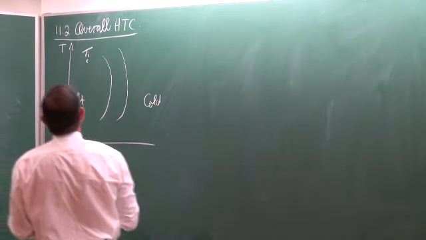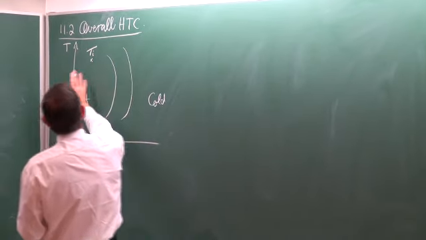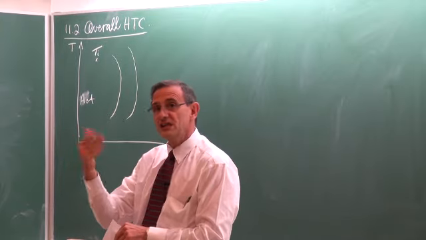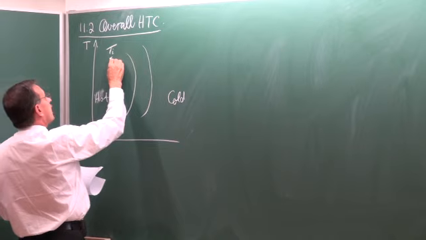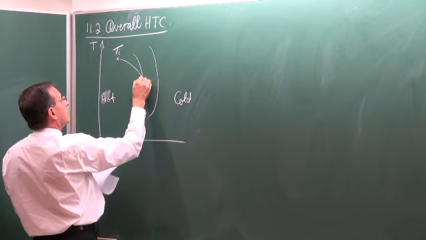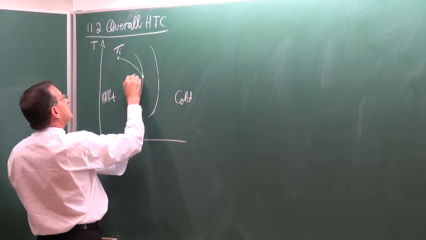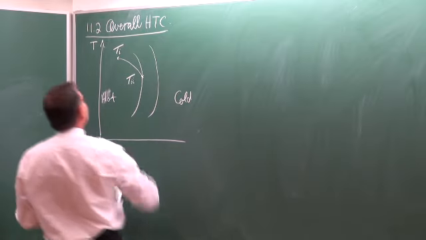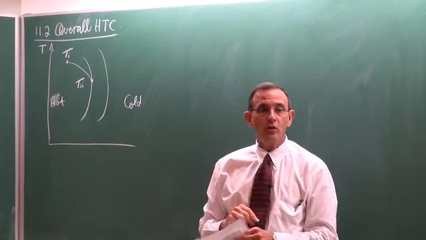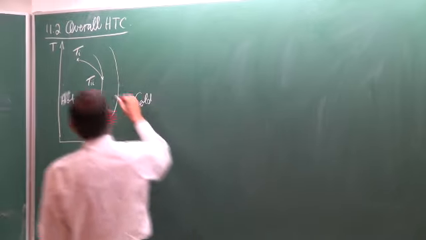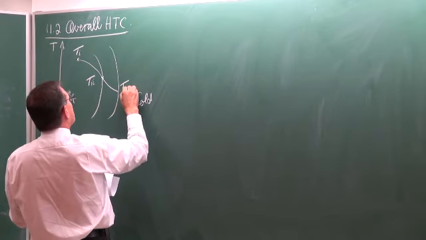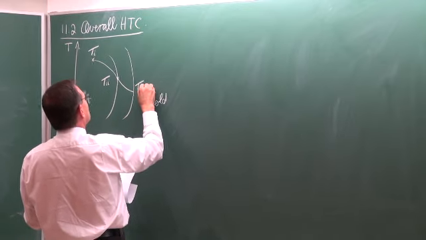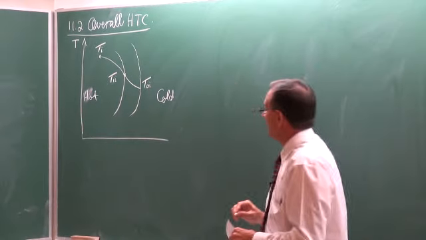So if that is the inlet temperature of the fluid, or the temperature on the inside of this heat exchanger, then the temperature gradient would look something like that. That would be the temperature on the inside of the inner wall. Then there will be a temperature gradient through the wall, and that temperature would be T outside of the inner tube.